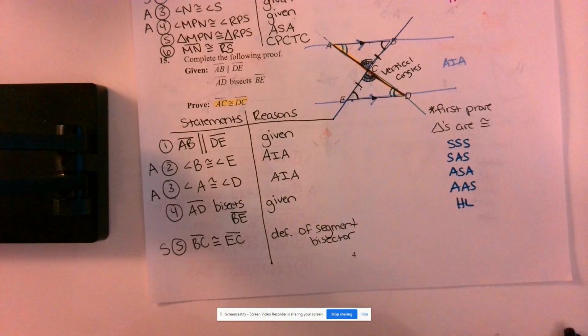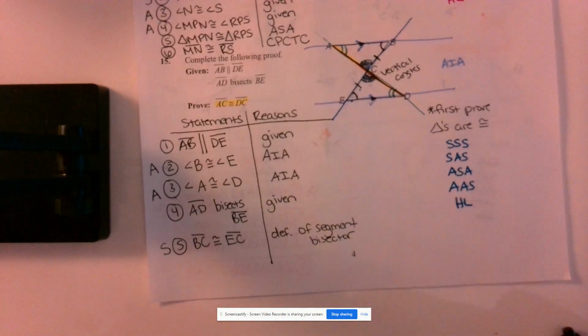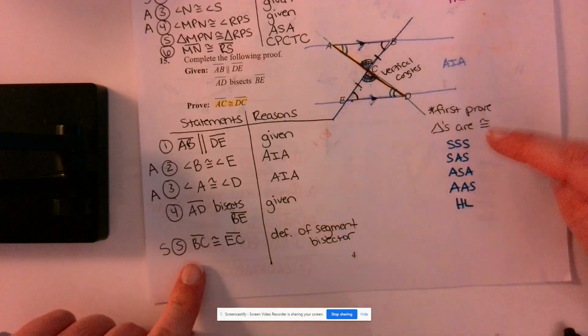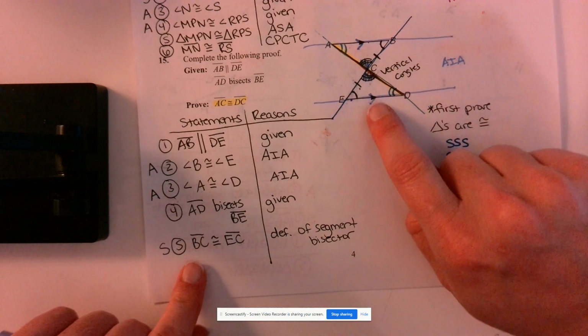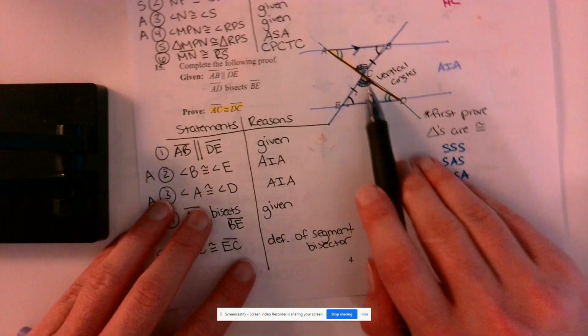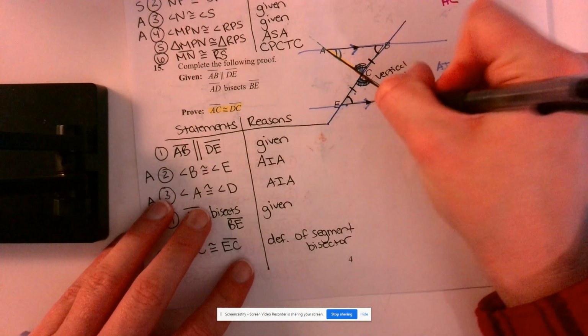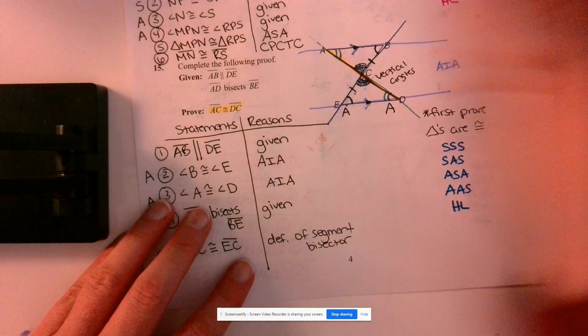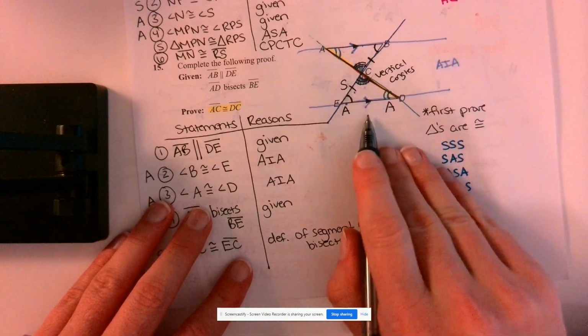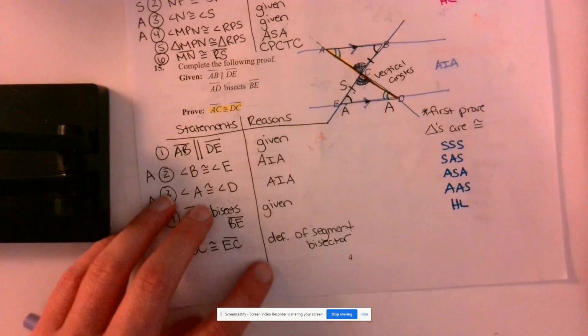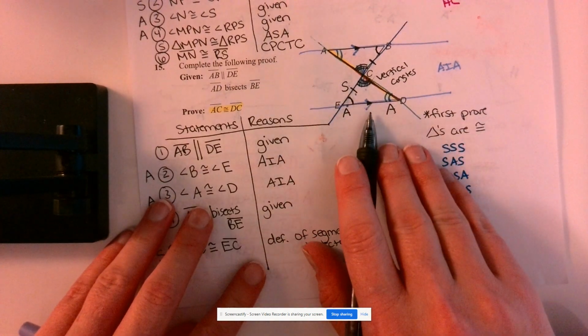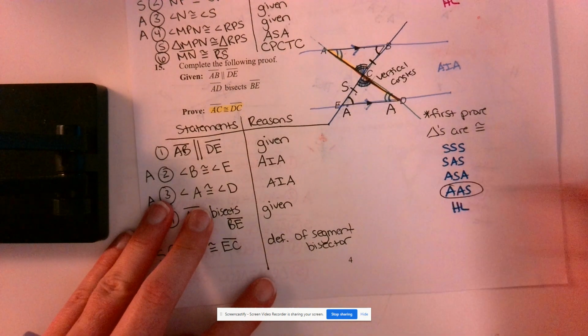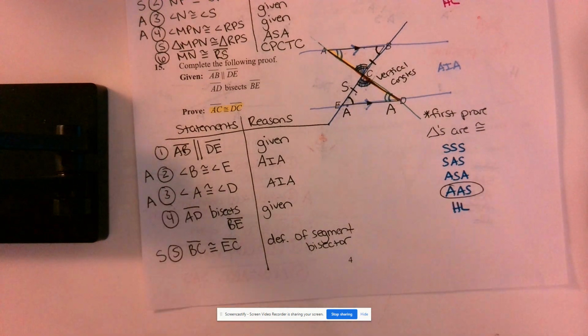So using the two angles and the side that I found were congruent in my proof, I need to figure out which of these five is being shown here. So looking at this triangle, I have an angle and an angle, and the side is outside the two angles. So in my picture, I have an angle side congruence theorem.